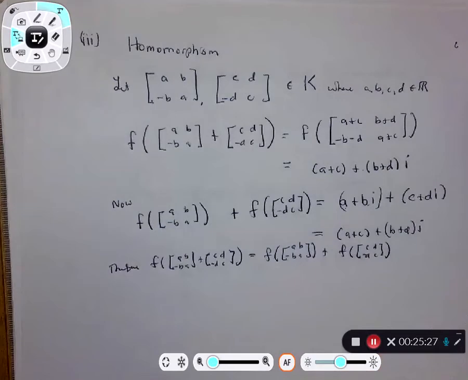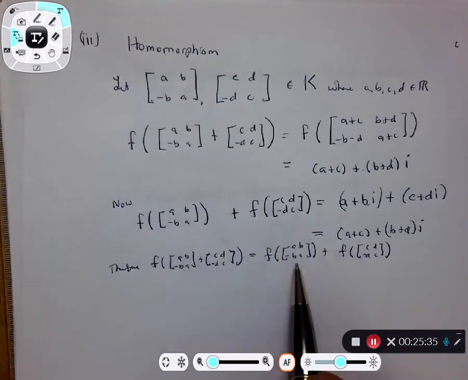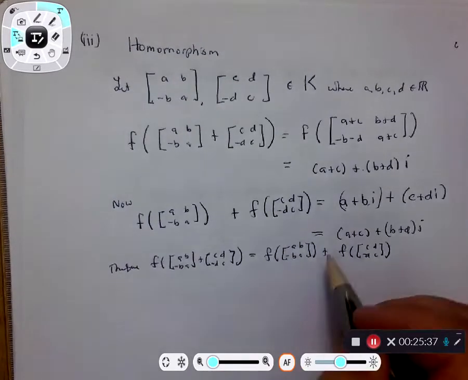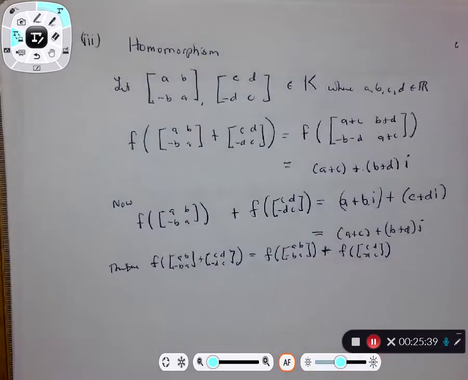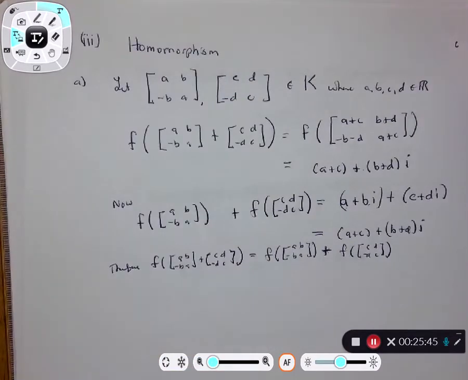And I've got the first part of my homomorphism taken care of. F of two elements being added will be equal to f of the first guy plus f of the second guy. So that's kind of like your part one of homomorphism.